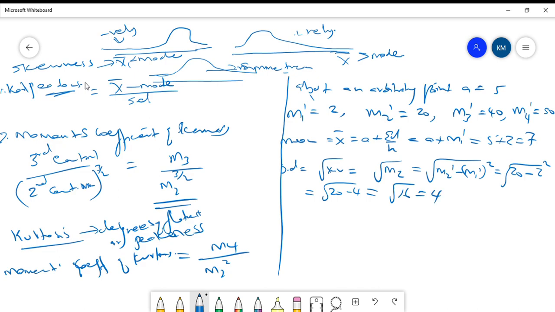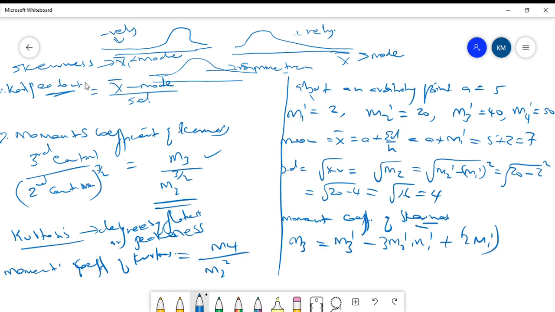Now, suppose I want to calculate the moment coefficient of skewness. According to the formula, I'll need to compute my m3, which we've said in our previous knowledge is equivalent to m3 prime minus 3 m2 prime m1 prime plus 2 m1 prime cubed.